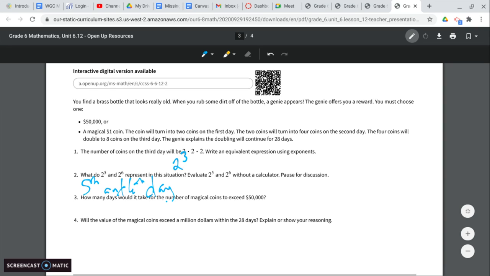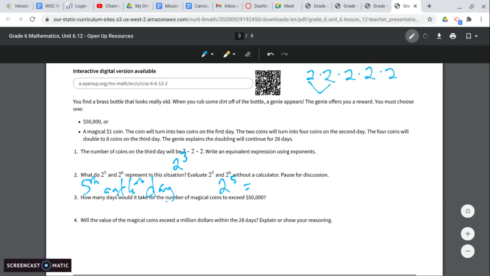And so now we want to evaluate without a calculator 2 to the 5th and 2 to the 6th. So 2 to the 5th is going to equal, well, 2 times 2 times 2 times 2 times 2. That's our 5 2's.